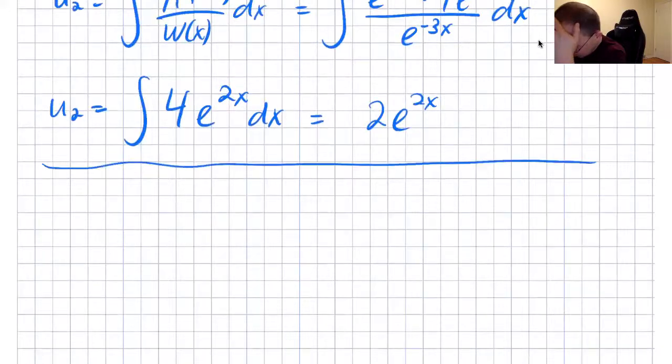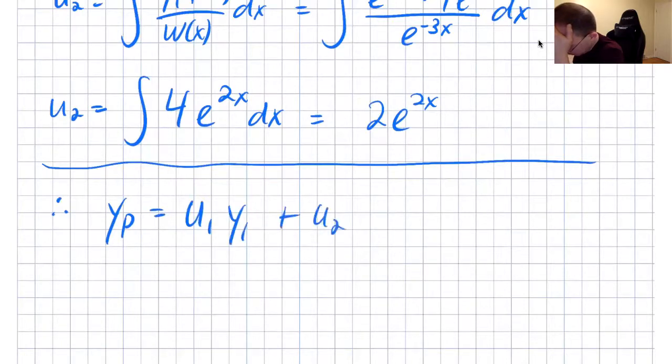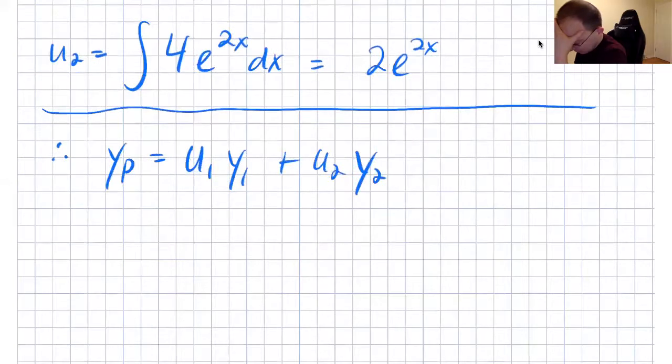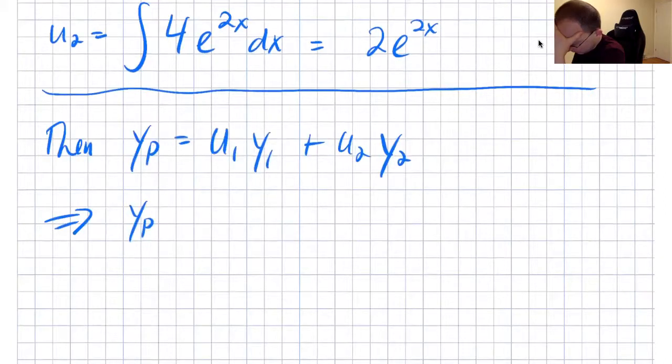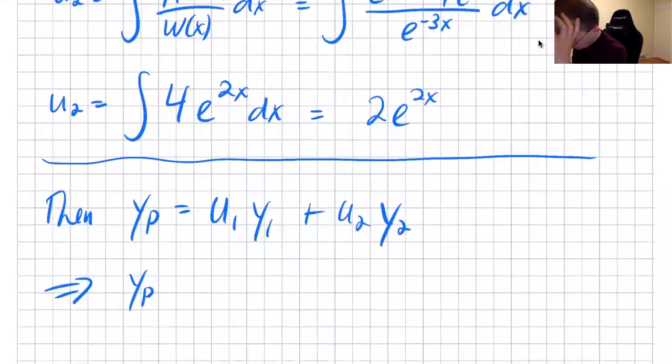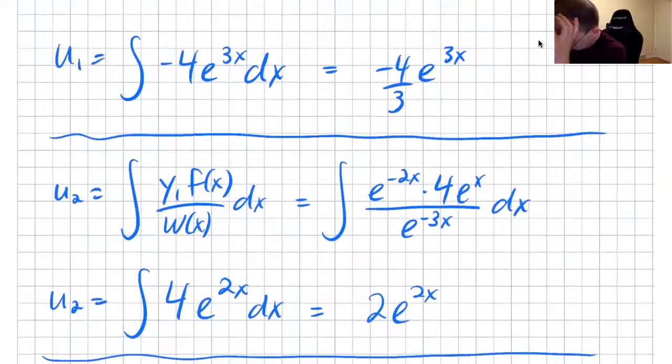And so the particular solution is u1 y1 plus u2 y2. Then that implies, what do we get? Let's see. So u1, maybe I'll highlight this because this is kind of the important thing.